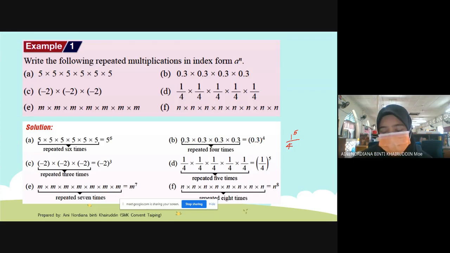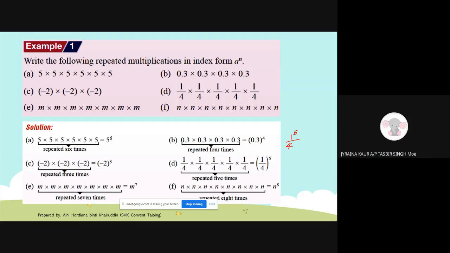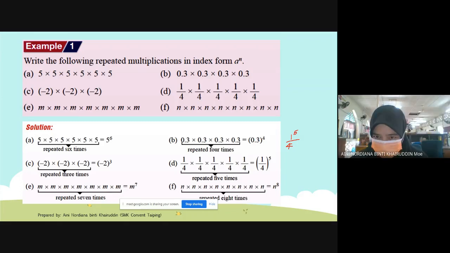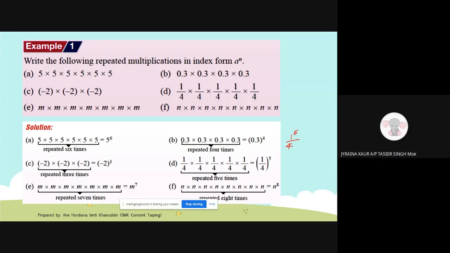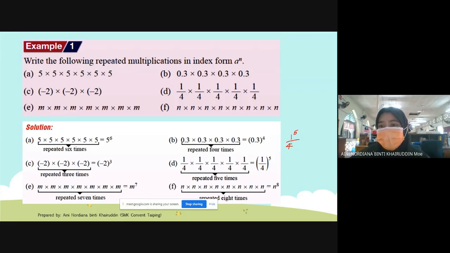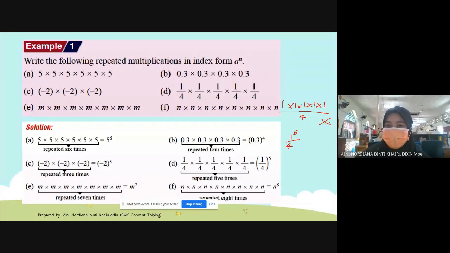What does it mean? Teacher, can I try? It means 1 to the power of 6 over 4. This is not 6, it's 5. Oh, I'm sorry, teacher. 1 to the power of 5 over 4. Correct. It gives a different meaning. So it becomes 1 times 1 times 1 times 1. This one is not correct. Thank you for the response.